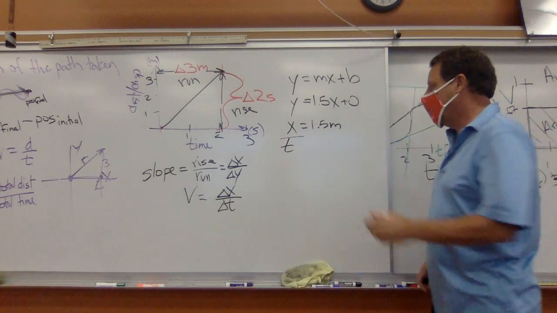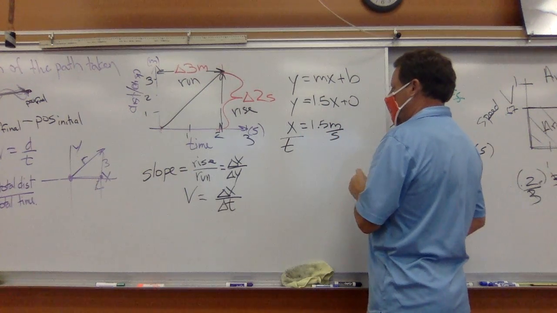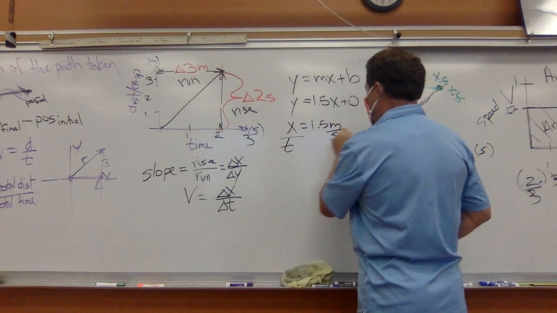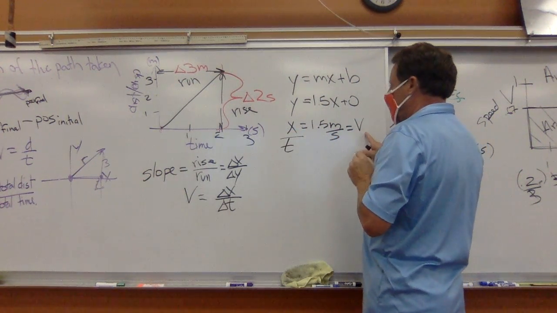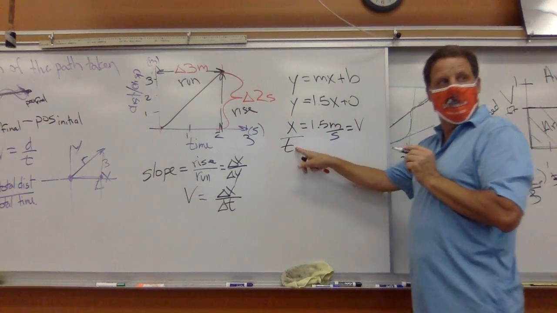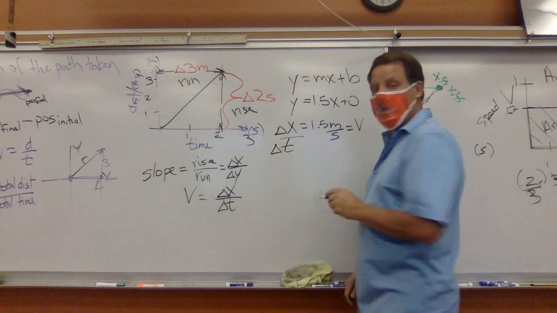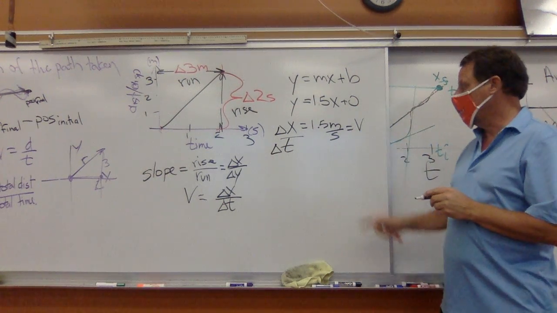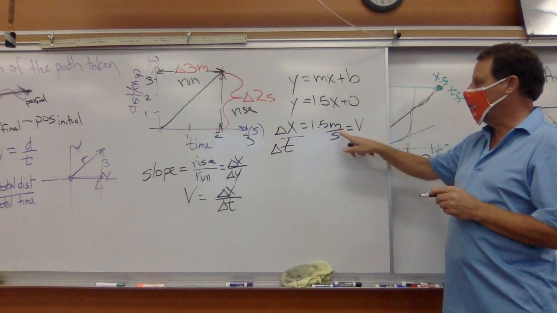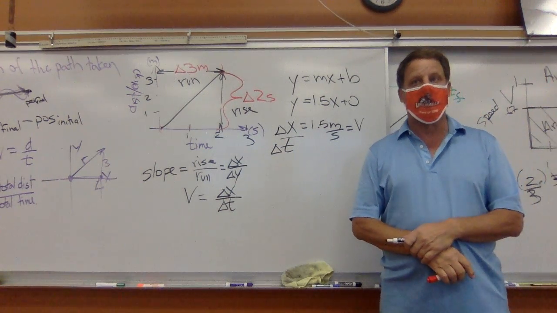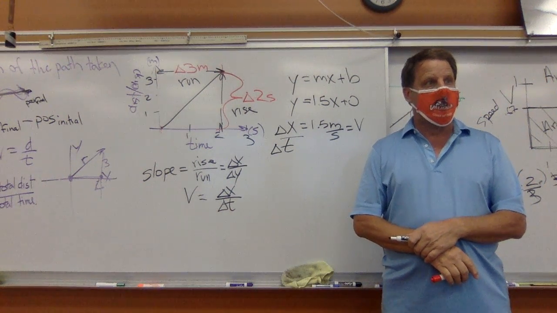And then our units for time are going to be seconds. So essentially, we can say that our velocity, which is x over t, technically speaking, change in x over change in t, is going to be 1.5 meters per second.